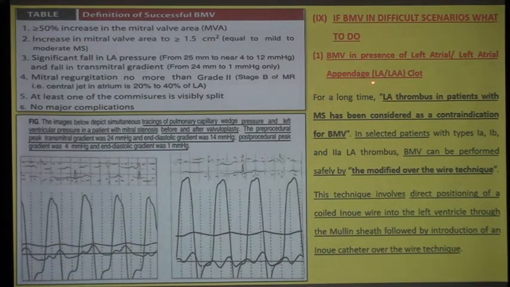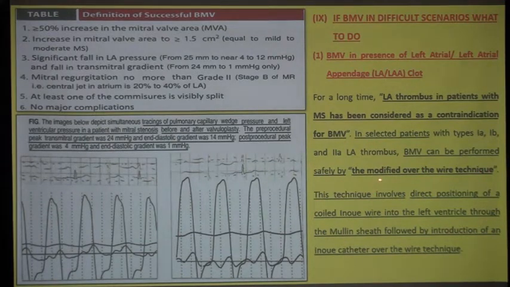For a long time, left atrial thrombus in a patient with mitral stenosis has been considered a contraindication for balloon mitral valvuloplasty. In selected patients with type 1A, 1B and 2A LA thrombus, balloon mitral valvuloplasty can be performed safely by the modified over-the-wire technique.